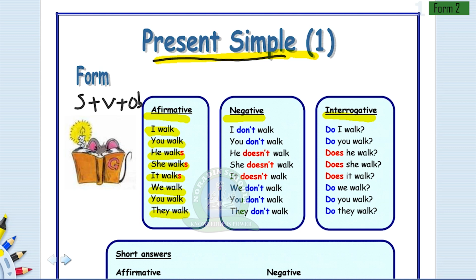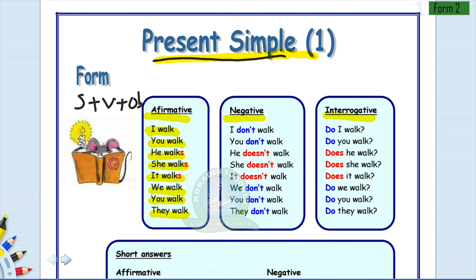If we use negative, and the subject is I, you, we, they, we use don't. In other words, if the subject is plural, we use don't, but if the subject is singular, we need to add doesn't.